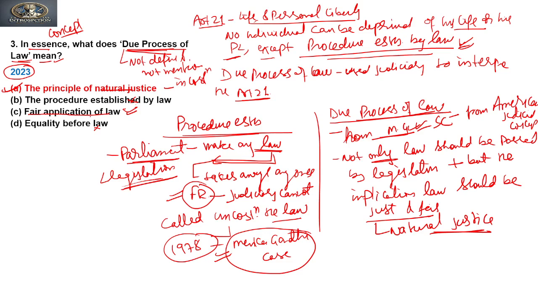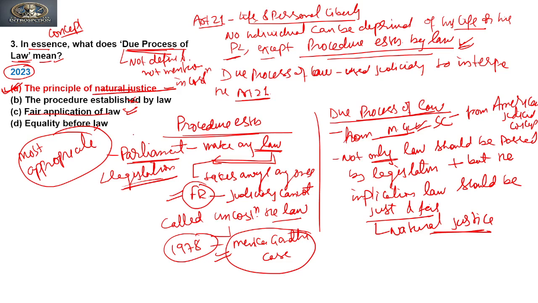This is also correct, but as we know, in UPSC we need to choose the most appropriate answer, and among the two, the most appropriate is principle of natural justice. So the answer to this question is principle of natural justice.